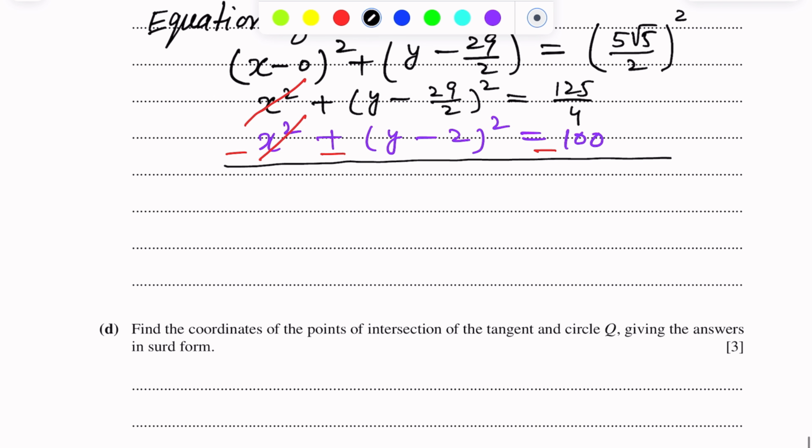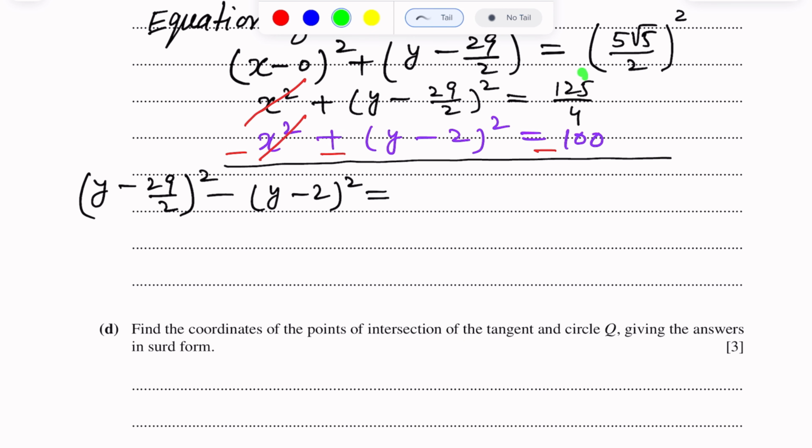We get y minus 29 over 2 whole square minus y minus 2 whole square is equal to 125 over 4 minus 100.